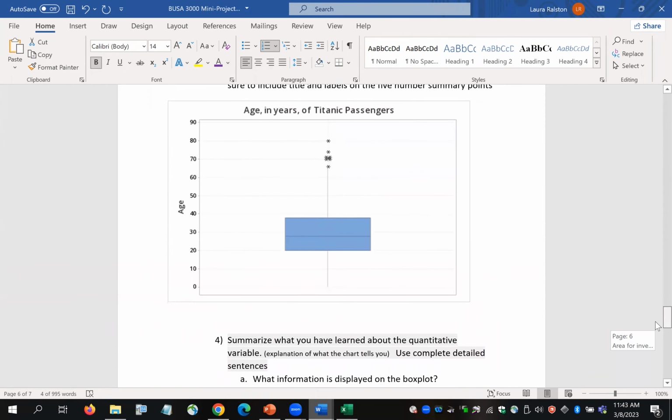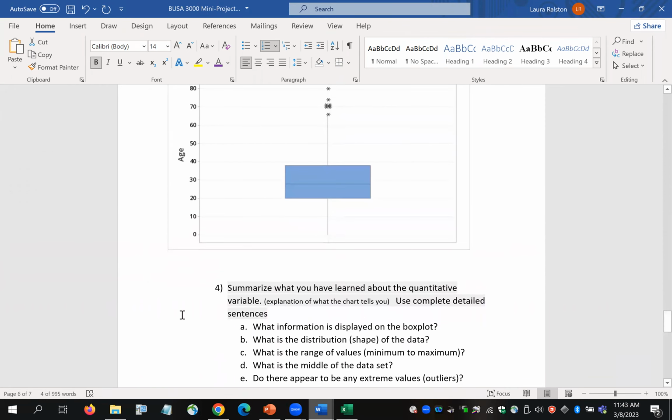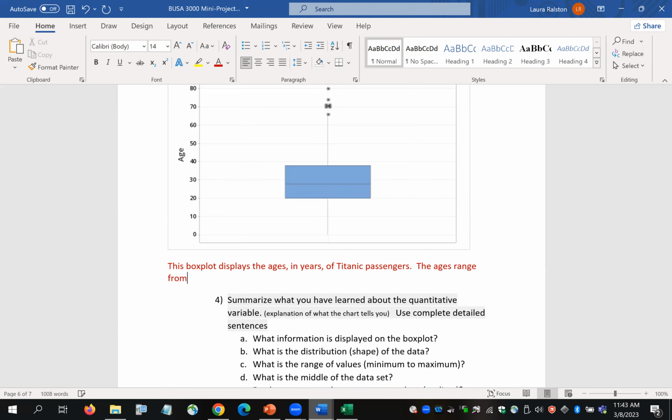Okay, so let's think about summarizing this graph, again, kind of using a paragraph form. Again, this box plot displays the ages in years of Titanic passengers. The ages range from 0.42 years to 80 years.